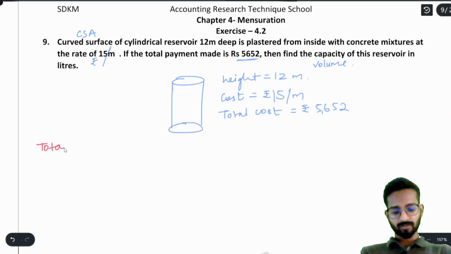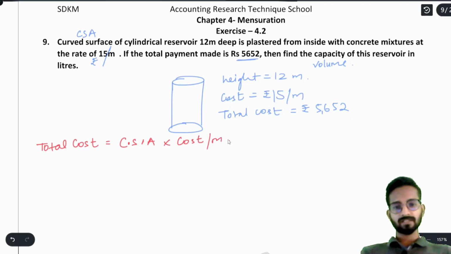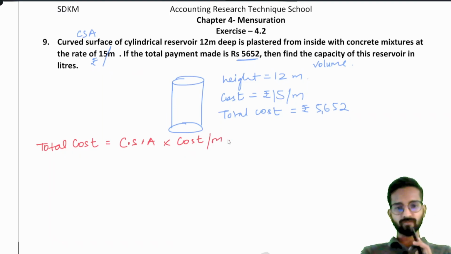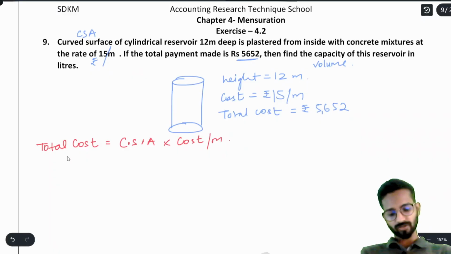You will say, sir, total cost will be CSA, whatever is the area covered from that mixture, multiply cost per meter. Okay, see, how much is your area? If you multiply it with the rate, you will get the total cost. Now in the question, total cost is already given 5652. CSA is 2 pi RH multiply 15 rupees.